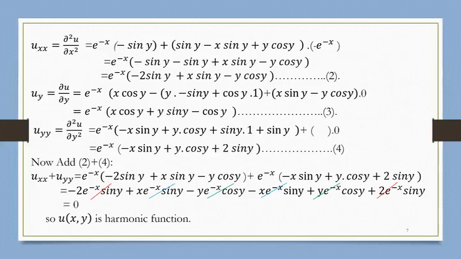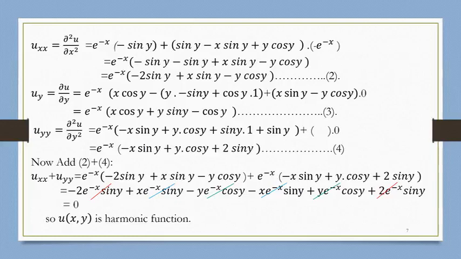Y sine y is two functions that depend on y, so apply the product rule: the first, y, times the derivative of sine, which is cosine, plus the second term sine y times the derivative of y, which is equal to 1. So minus cosine y, whose derivative is sine y, minus times minus is equal to plus. The second term multiplied by the first derivative is equal to 0, so this is removed. So we get this result: e to the minus x times minus x sine y plus y cosine y plus 2 sine y. So this is equation 4.